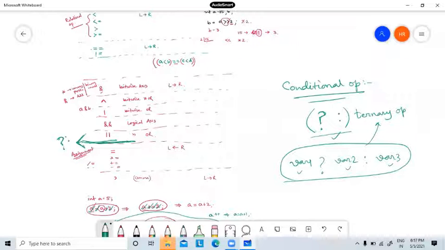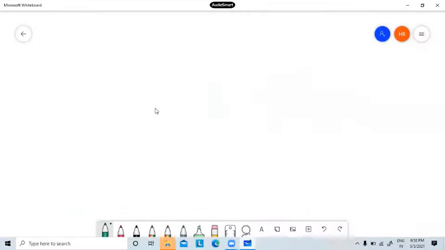You don't need to remember all the operators, but you have to remember at least the position in the table, or you can say the precedence. You must remember this, because when you are representing a mathematical expression, you need to know which operator will be executed first. That's why you also have to recall this precedence table and associativity.